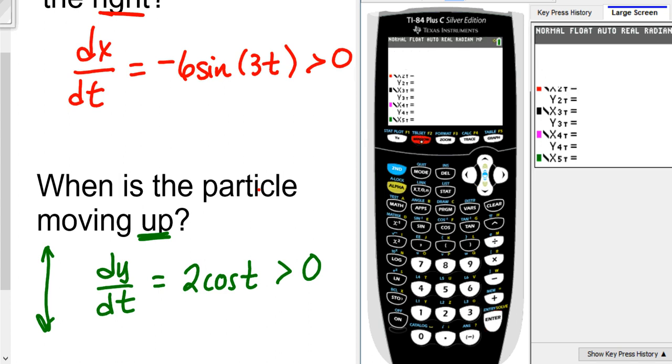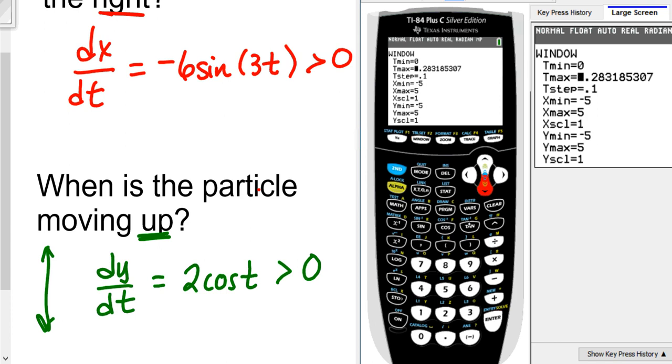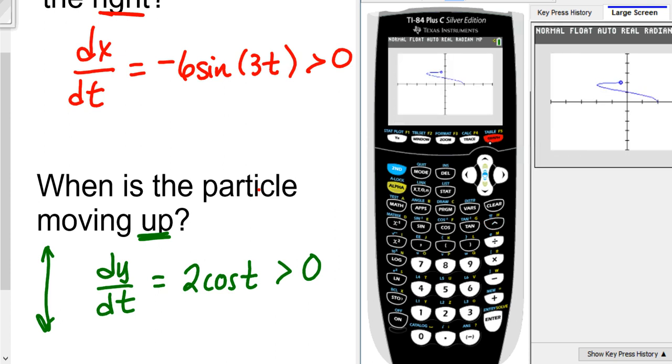So if my window settings had gone to, let's say, 4 pi instead of just 2 pi, look at what happens. Right, that traced it twice. Now, if I didn't have that little dot showing me the tracing, I would just see the same static picture, and I wouldn't necessarily know that the graph had traced twice. So that's a little thing I wanted to show you, that little ball with a little line behind it. I think it is kind of nice, okay?